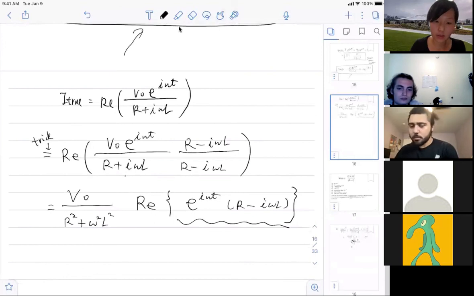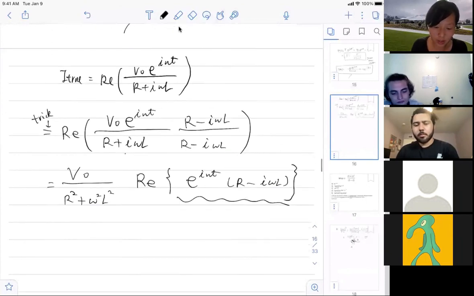Any thoughts? You can either distribute now and then write it in cosine sine form, or you can write it in cosine sine and then distribute. Yeah, I can use Euler's theorem to expand everything and group the real part and imaginary part together.